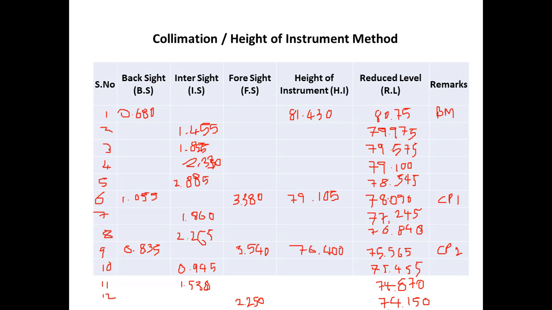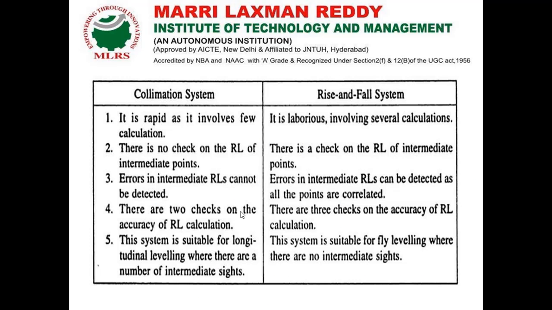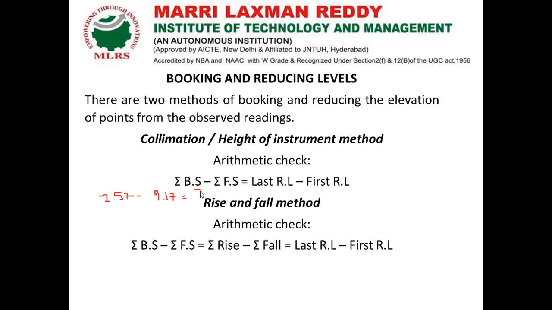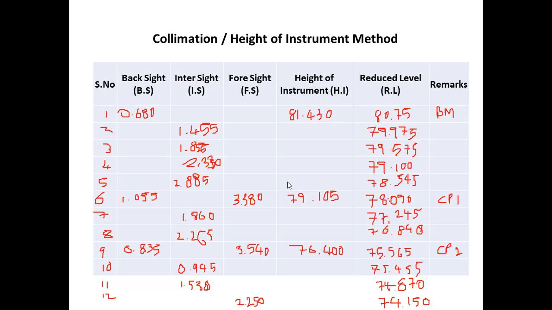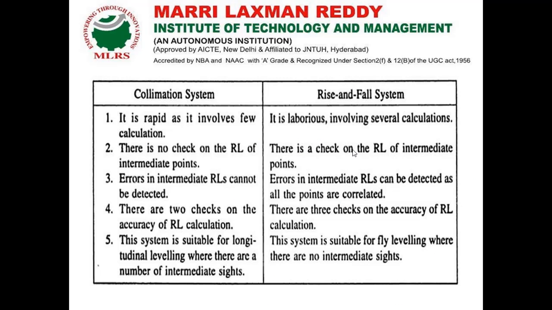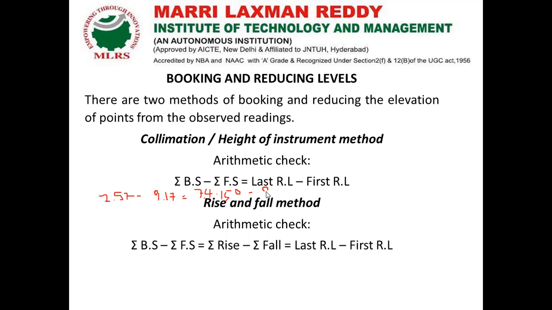Our last RL is 74.150 minus the first RL value 80.75. So the difference becomes 2.57 minus 9.17, we are getting minus 6.6.